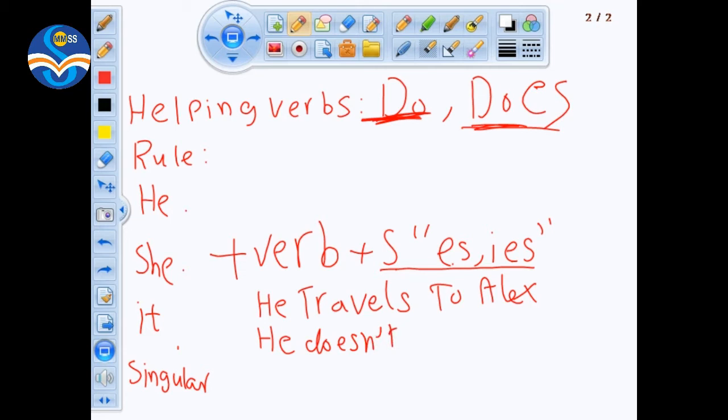Now, will I say travels or will I say just travel? The answer is that I will use just travel because s is instead of does. So when I put does, that means that I've removed the s. So it will be he doesn't travel to Alex.